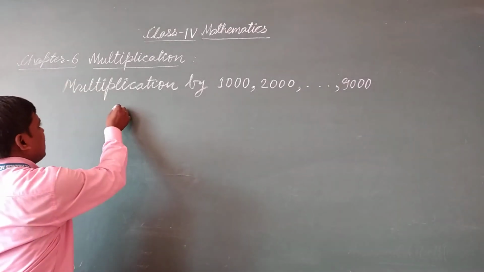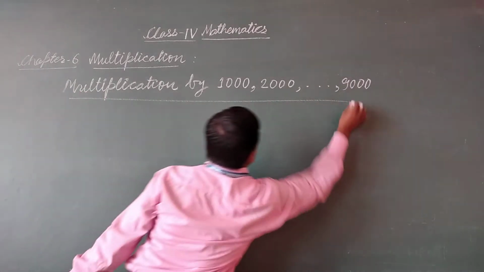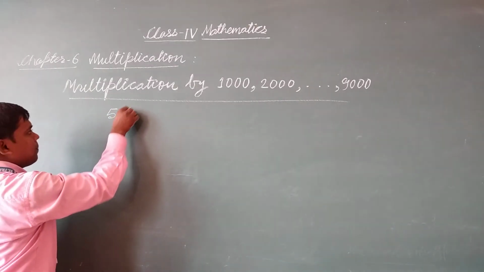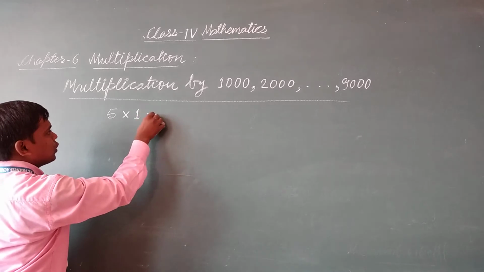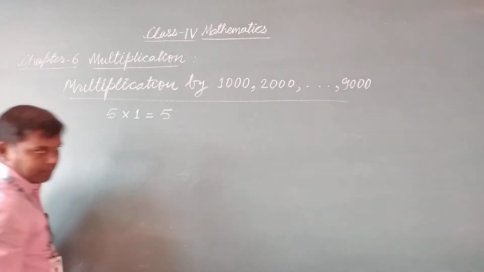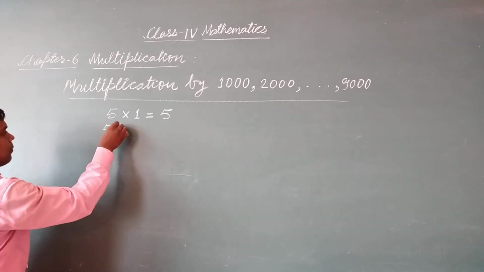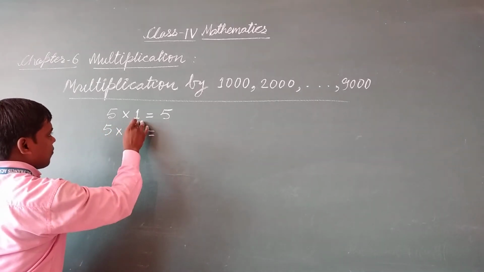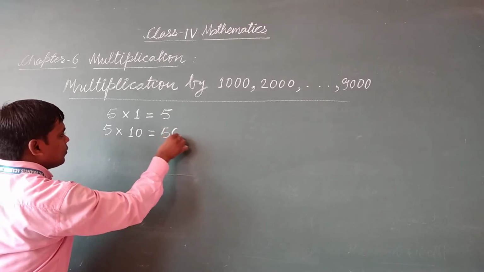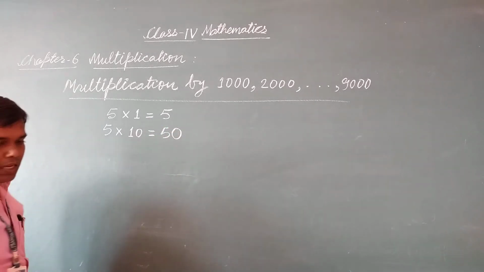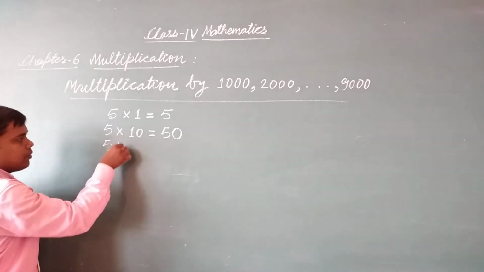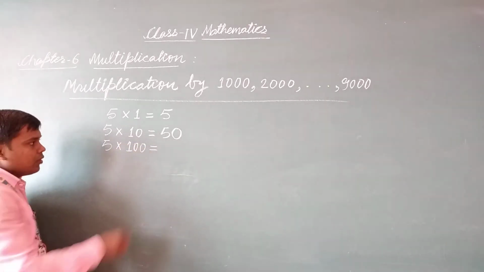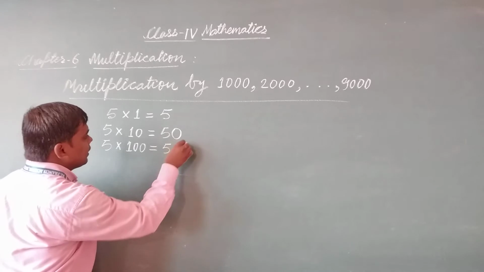If we are going to multiply 5 by 1, we will get 5. If we multiply 5 by 10, we get 50. If we multiply 5 by 100, we get 500.